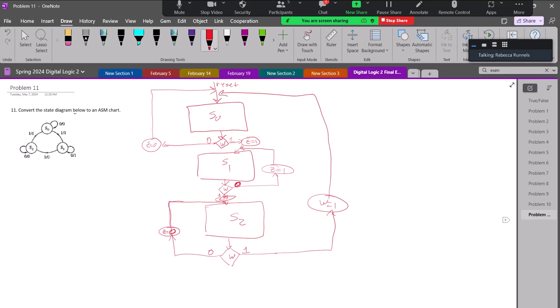It's not the most organized of ASM charts, but it is an ASM chart. It would have been much better if I had done my decision trees symmetric, with 0 on the same side on all of the little diamonds.